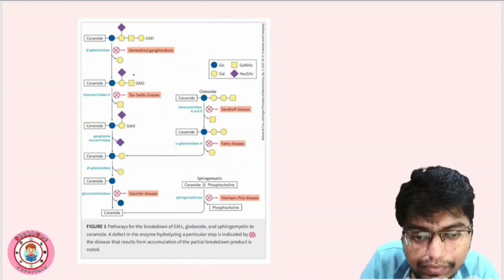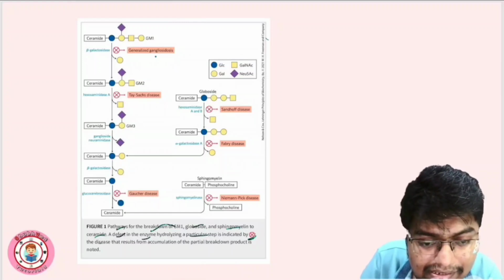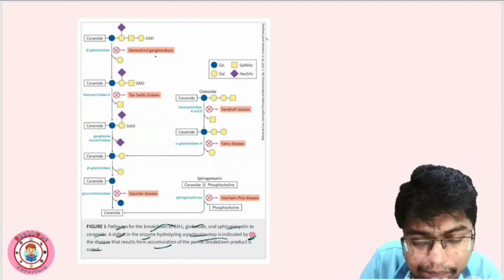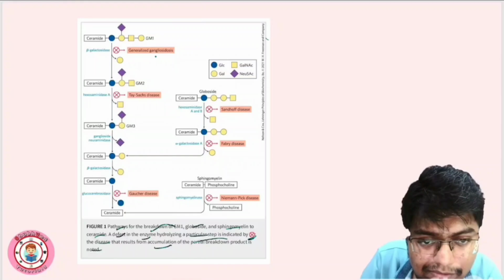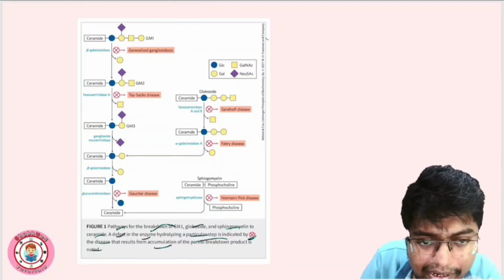So here is a pathway for breakdown of GM1, globoside and sphingomyelin to ceramide. Now, a defect in the enzyme hydrolyzing a particular step is indicated by this cross sign. The disease that results from accumulation of the partial breakdown products is noted. Now see, there are enzymes present to break down the sphingolipids.